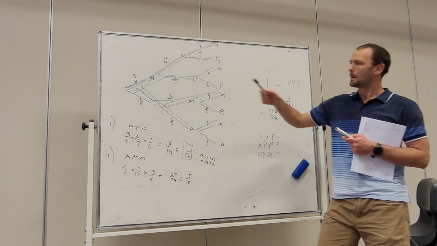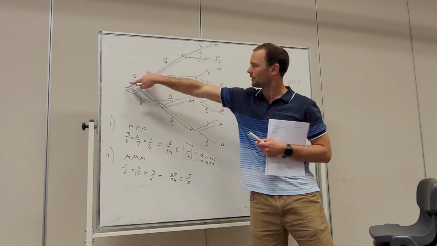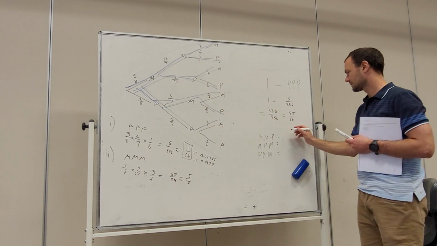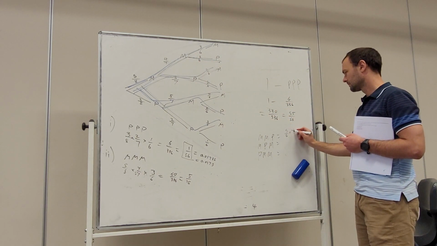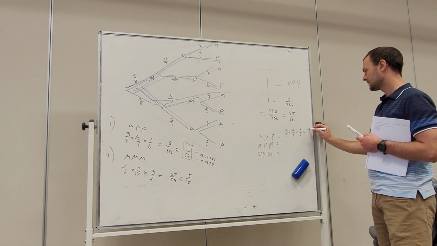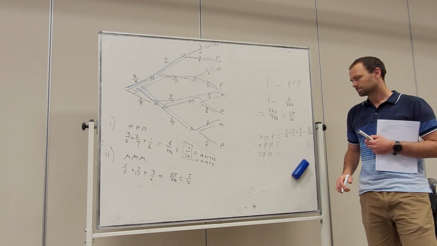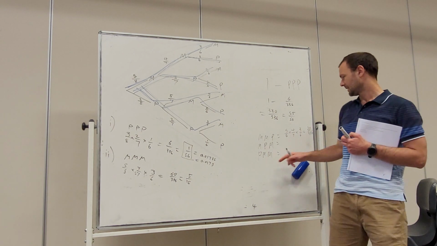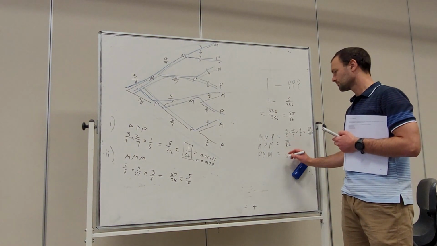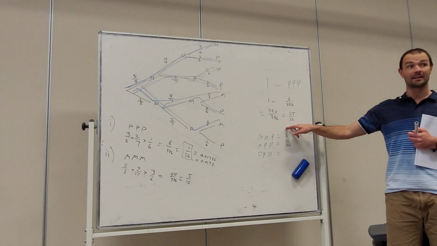All right, so Mars bar followed by Mars bar followed by protein bar. I've got 5 on 8 times 4 on 7 times 3 on 6. All right, so that's going to give me my 60 on 336. And what you'll find is actually each of these events is the same, because all you're doing is ordering the numerator differently.